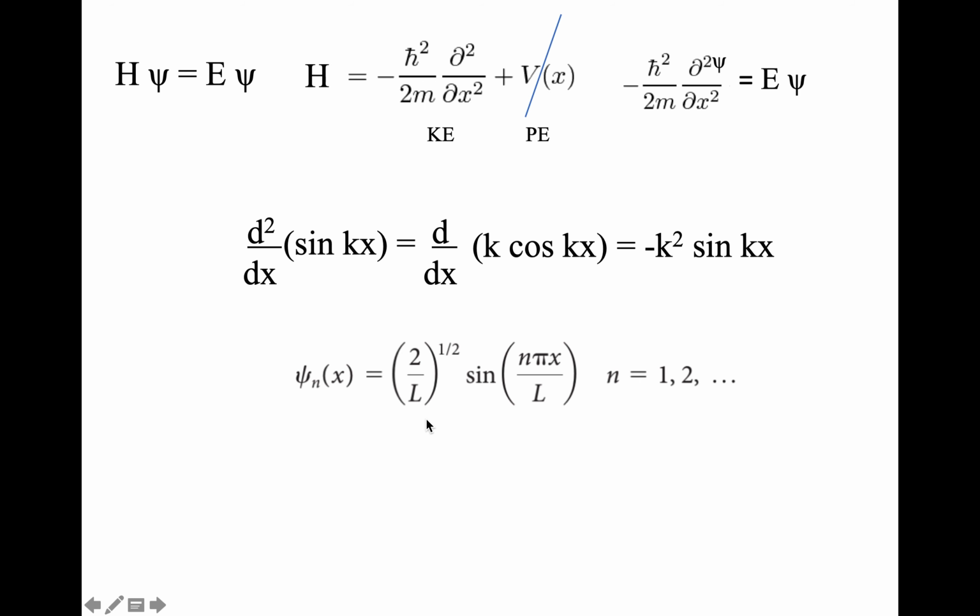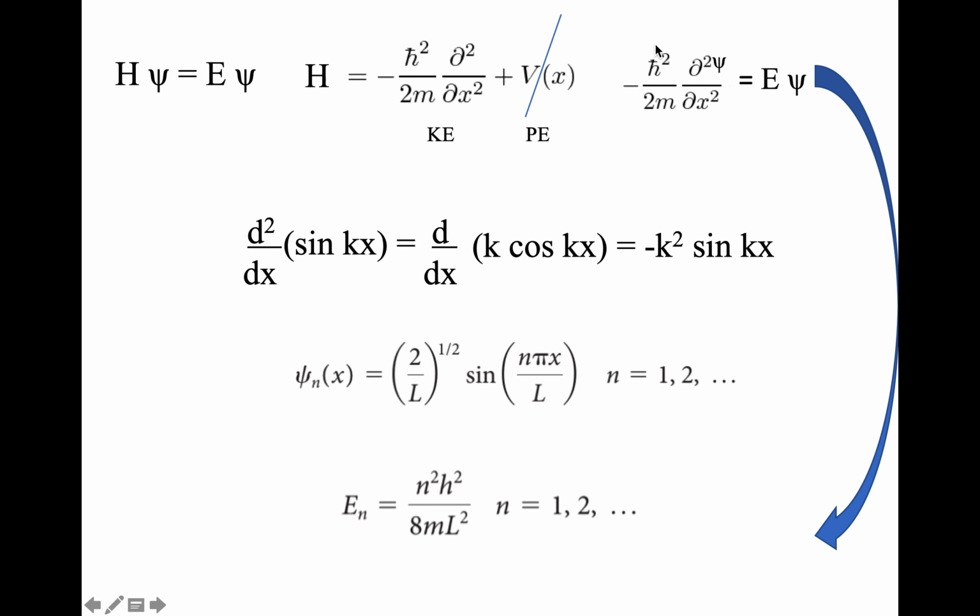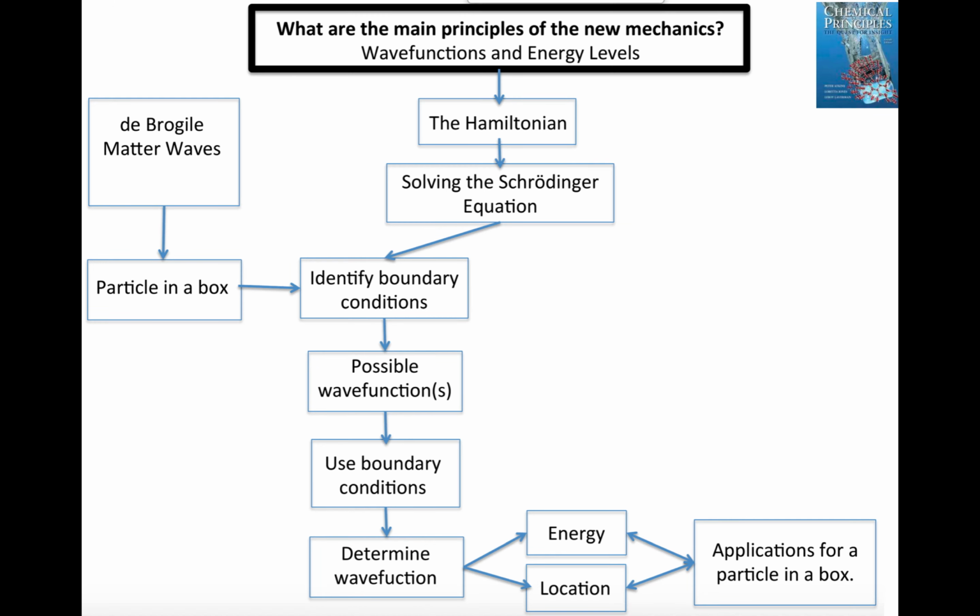One more feature is if we take our expression right here and solve for E, we can manipulate our terms, and we're back to exactly the same energy equation that we found when we used our simpler de Broglie wavelength description for our particle in a box. So this would be the path that we've just taken through to see how quantum mechanics works.